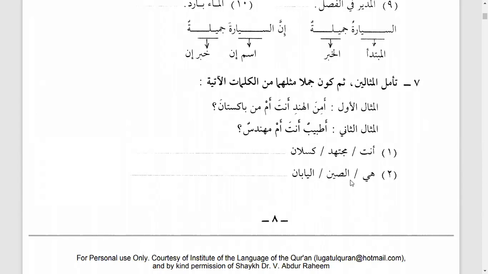We can also say, sir, anta mujtahidun am anta kaslanu, but there is no need. It will be added or extra information. It's better to bring the noun directly after am, that's much better. Correct, but lengthy.